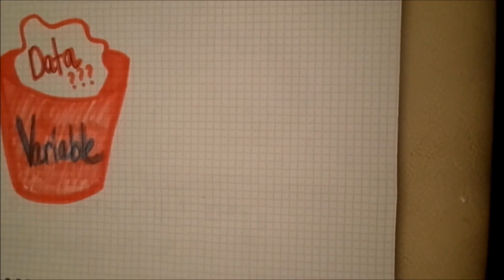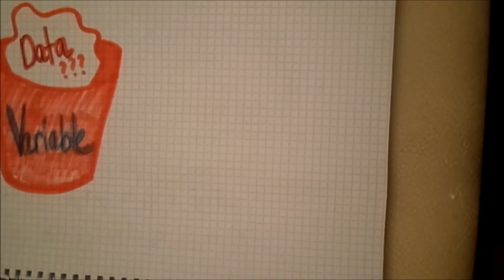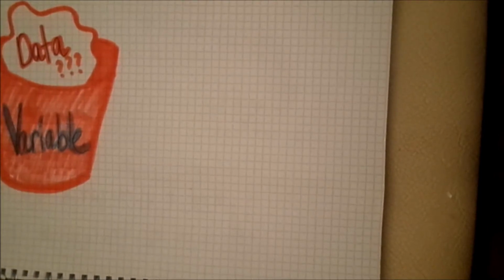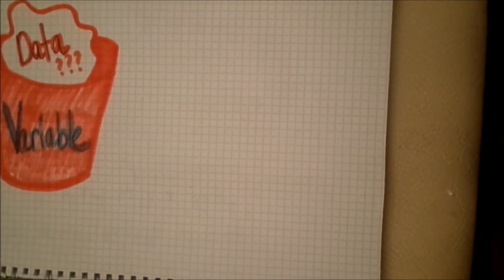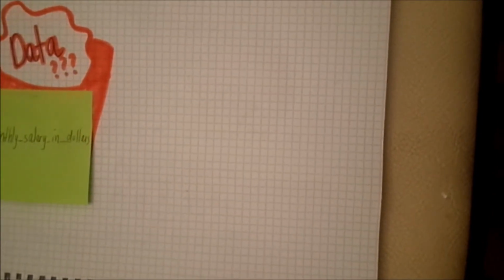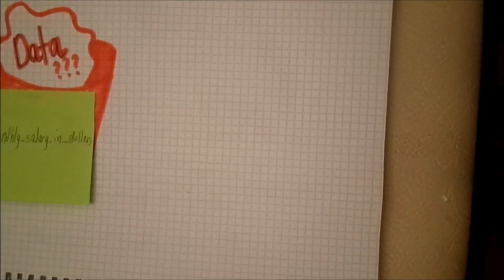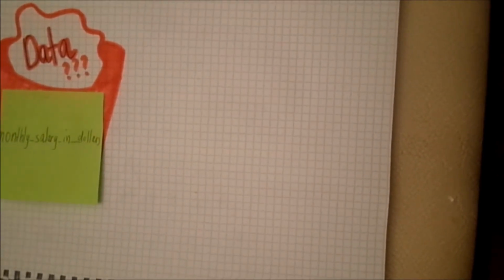So we've already said that variables are containers which hold data, and now we can name our variable. So let's say that this variable is named monthly salary in dollars. And here we are using monthly_salary_in_dollars because we can't use white spaces. And now we need to insert some data.